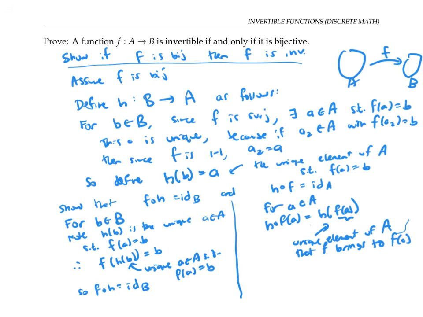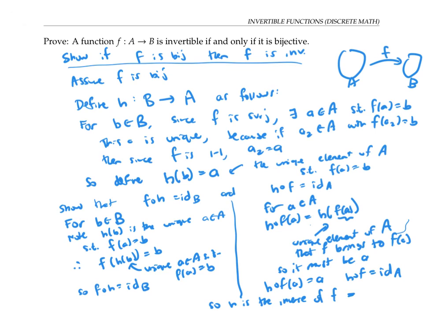F brings little a to f of little a, so it must be little a. So therefore, h composed with f of little a is little a, and so h composed with f is the identity of the set A also. And so h is the inverse of f, which means that f is invertible.